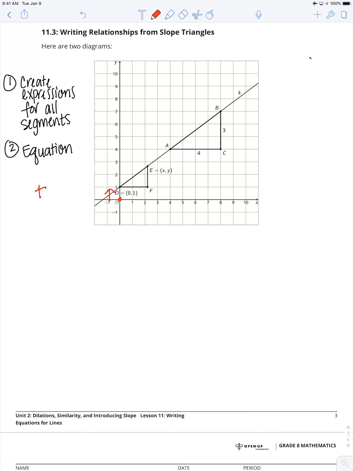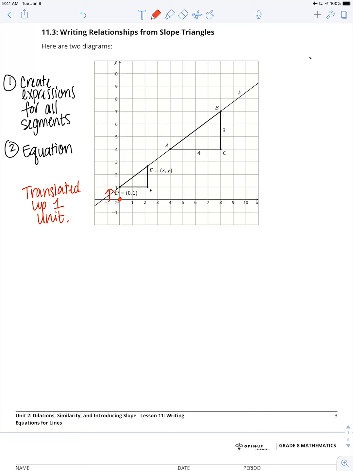I'll put translated up 1 unit. Okay, and that's an important piece to make sure you note because it's going to change the dynamic this time.